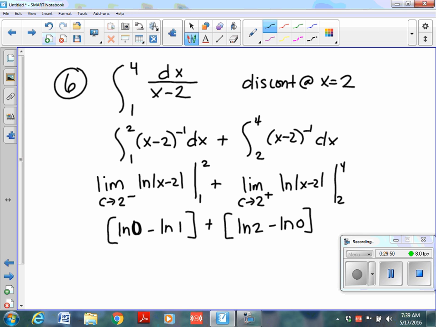And when you get the natural log of 0, minus the natural log of 1 plus the natural log of 2 minus the natural log of 0.